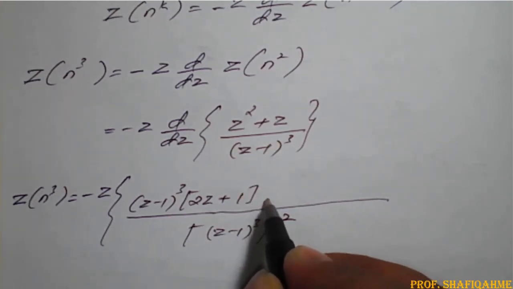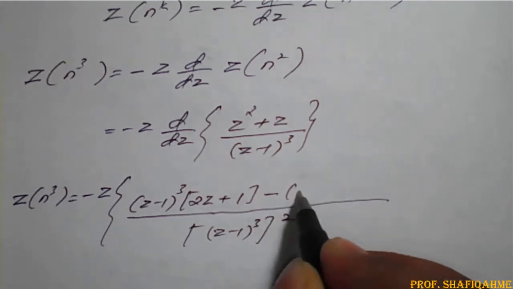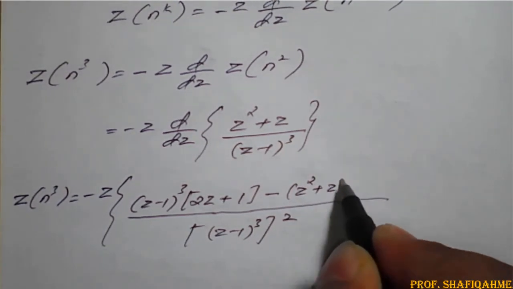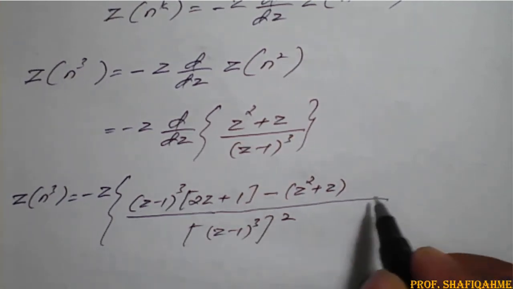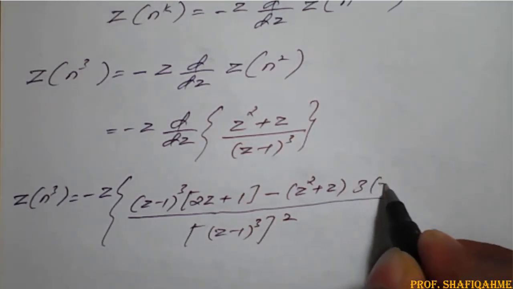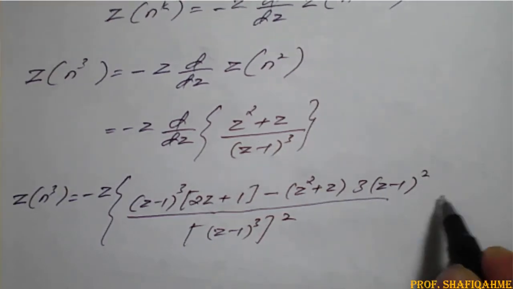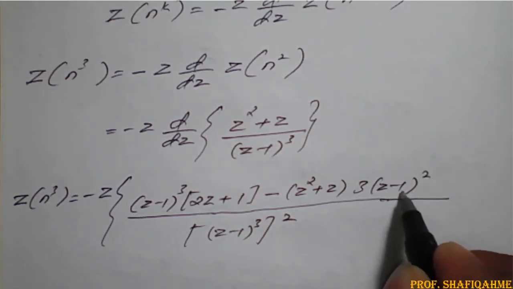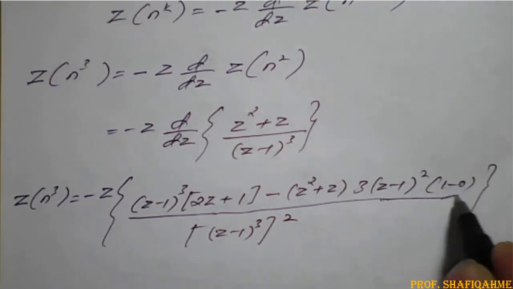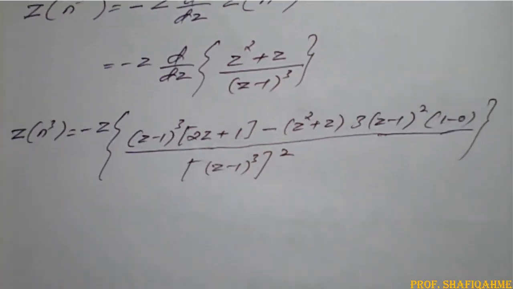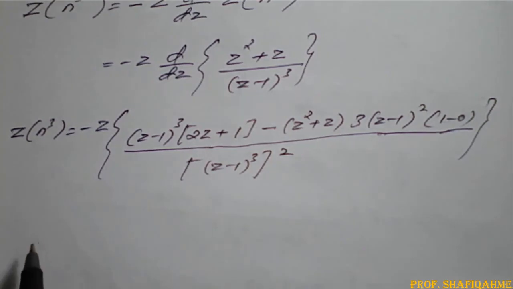With respect to z we have to make it minus, keep z square plus z as it is, and differentiation of z minus 1 whole cube is what here, 3 times z minus 1 whole square into differentiation of z minus 1, that is 1 minus 0.